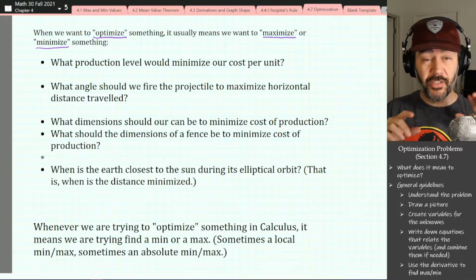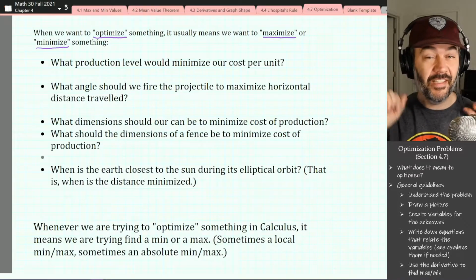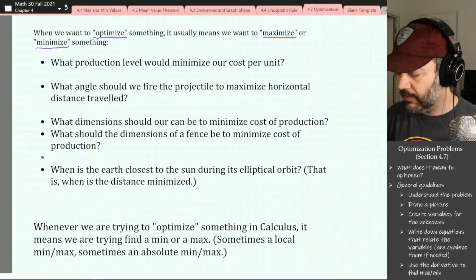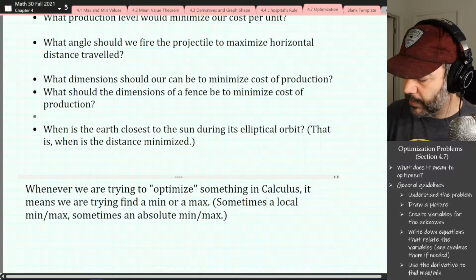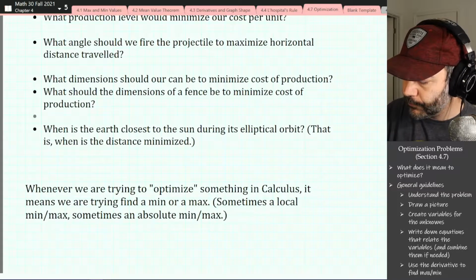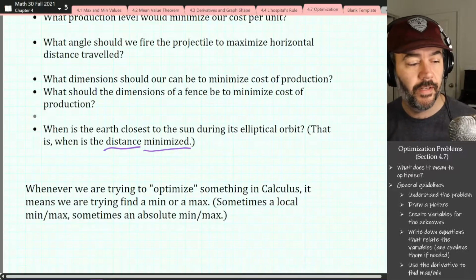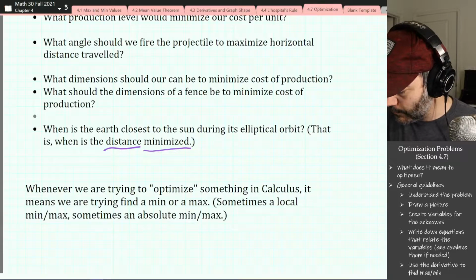So that's actually interesting. The Earth's orbit is not actually circular. It's slightly elliptical. And so there are times where the Earth is slightly closer to the sun than others. And this is ultimately a minimization problem because we would be minimizing the distance to the sun. And we would be minimizing where that ellipse gets closest to the sun.